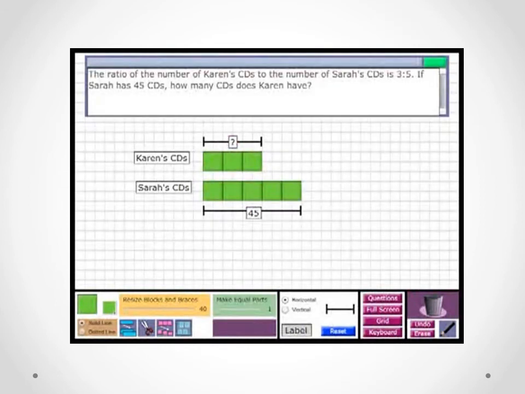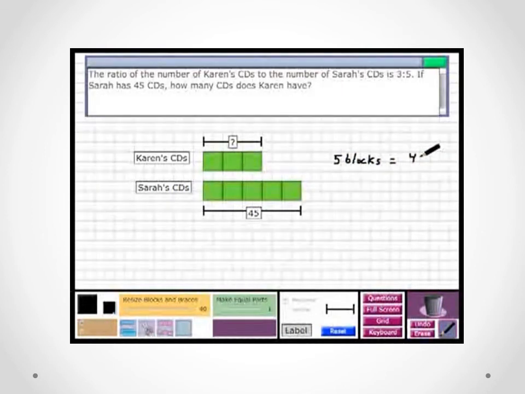We can solve the problem. The model tells us that 5 blocks have a value of 45. So we can write 5 blocks equals 45.